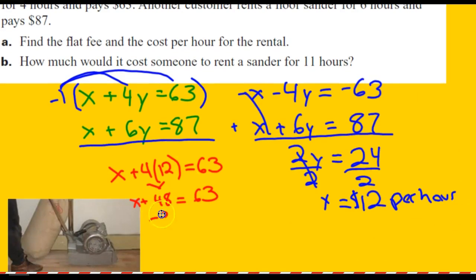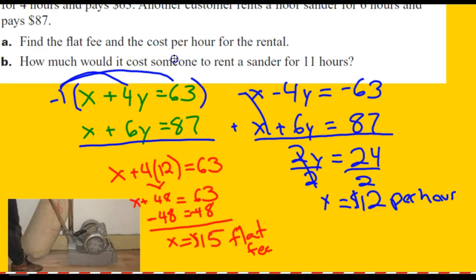Then if we subtract 48, we get x equals 63 minus 48, which is 15. So it's $15 flat fee. So $12 per hour, $15 flat fee.